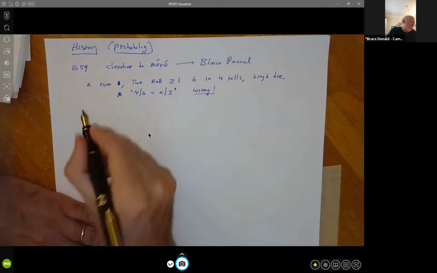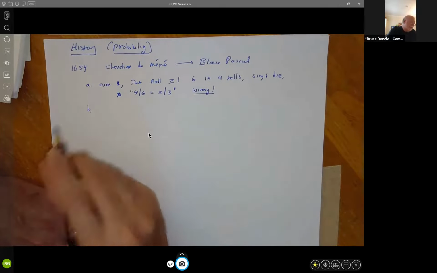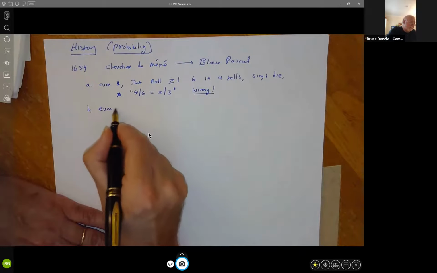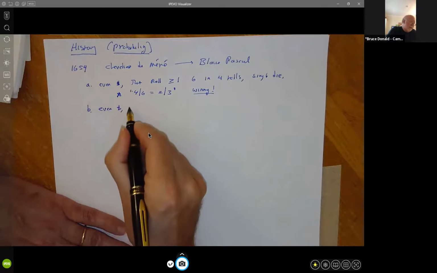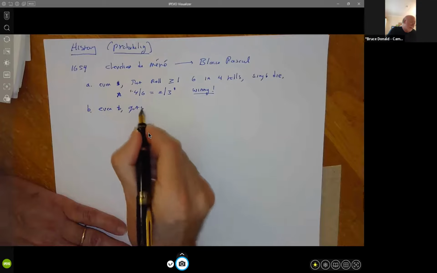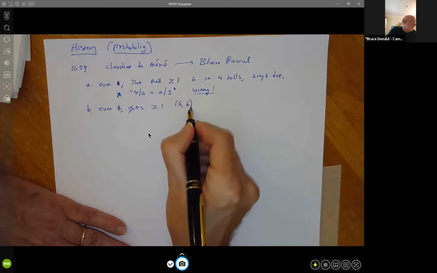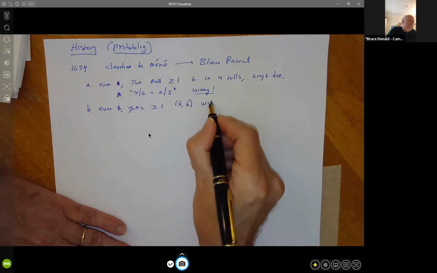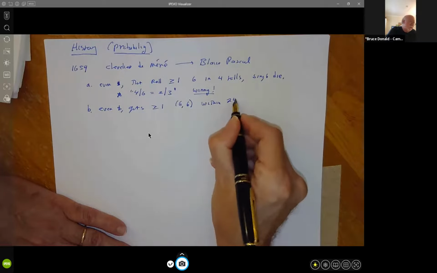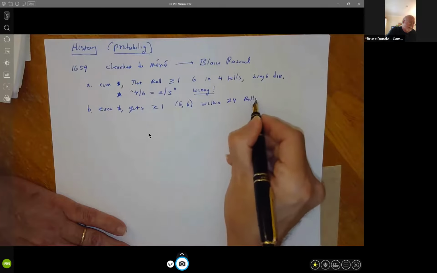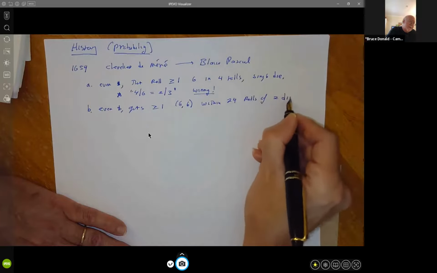He's winning money. But then he generalizes the game and he bets even money that he gets at least one double 6, which I'll denote by 6-6, within 24 rolls of 2 dice.